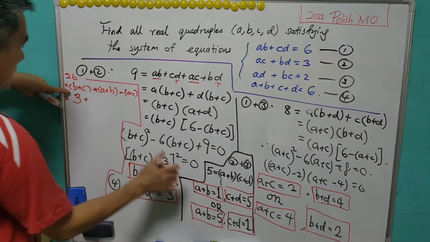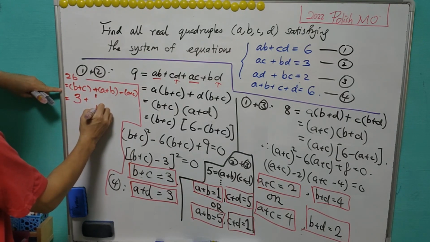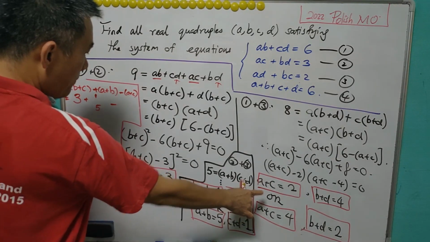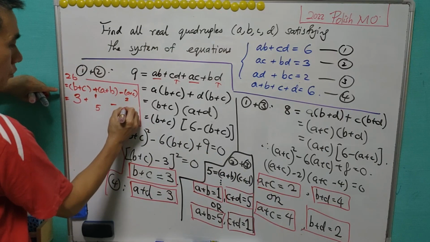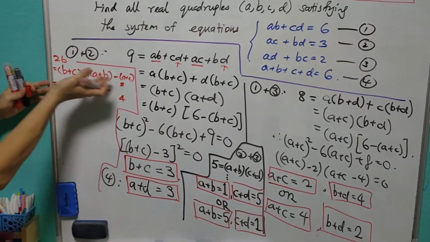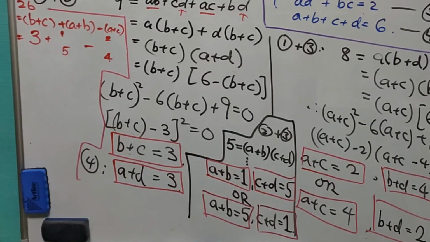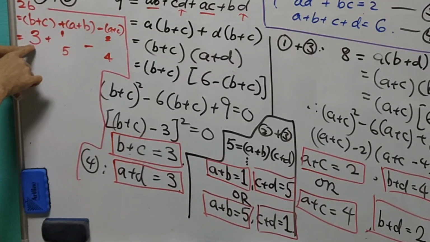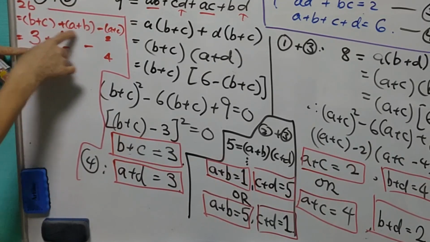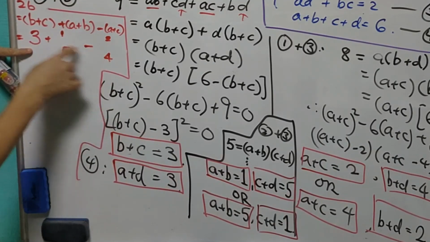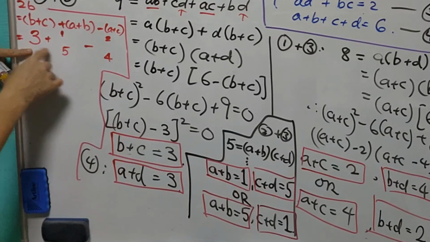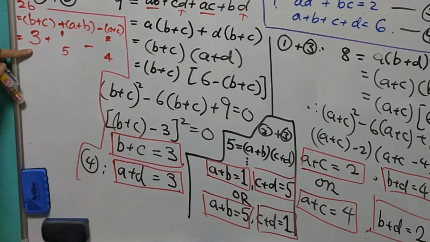For B + C, it is certainly equal to 3. A + B is either 1 or 5, and A + C is either 2 or 4. This is not the correct method of presentation, but we can know that there will be four different values. It's either 3 + 1 − 2, 3 + 1 − 4, 3 + 5 − 2, or 3 + 5 − 4.